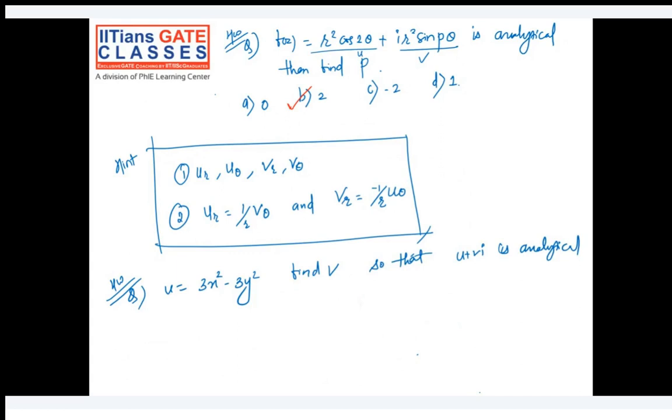Here they have given some options, but directly I'll give you the answer: 6xy plus k. So you solve this problem. I have already solved a problem like this previously. The same logic you have to apply and solve it. Nothing different. 6xy plus k is the final answer.